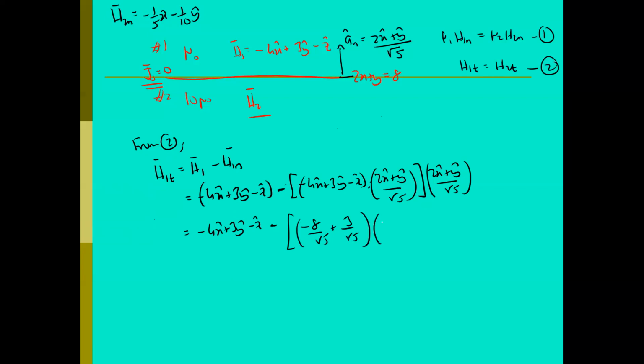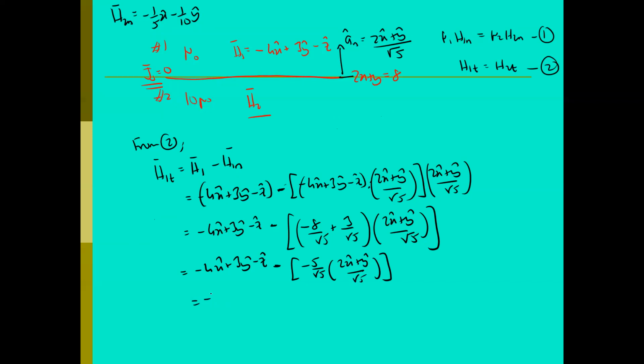Then this will be multiplied with 2x plus y over root of 5. And from here we have -4 of x plus 3 of y minus z minus, this will give us -5 over root of 5, so we have 2x plus y over root of 5.